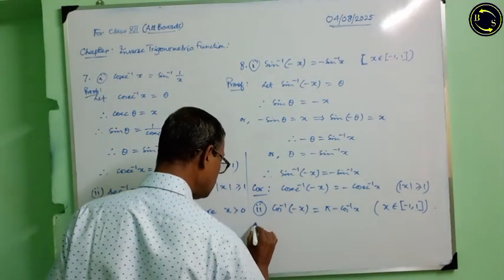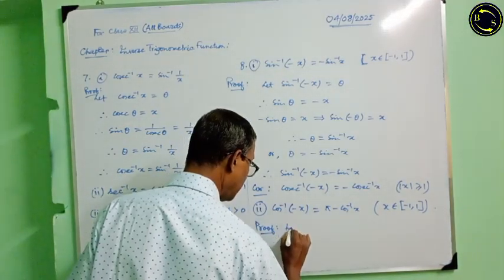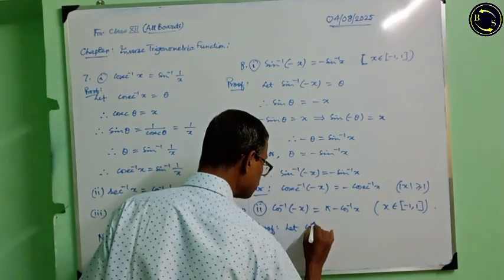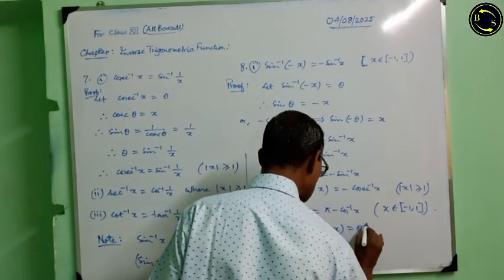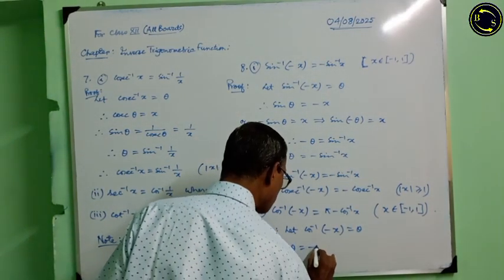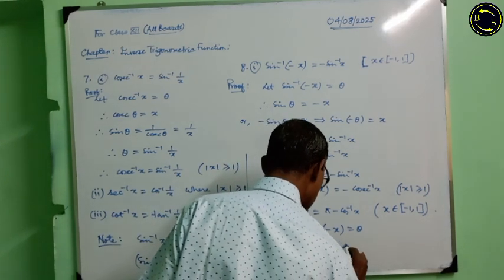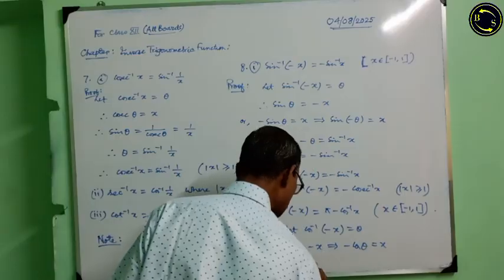Let us put this. Let cos inverse of minus x equal to theta. Therefore, cos theta equal to minus x. From that, minus cos theta equal to x.